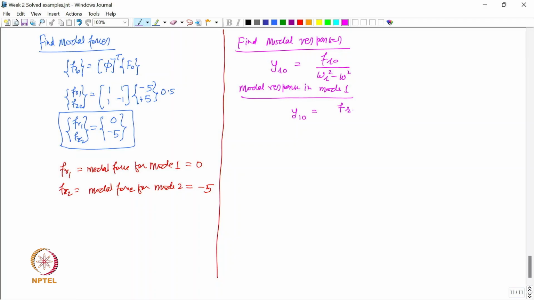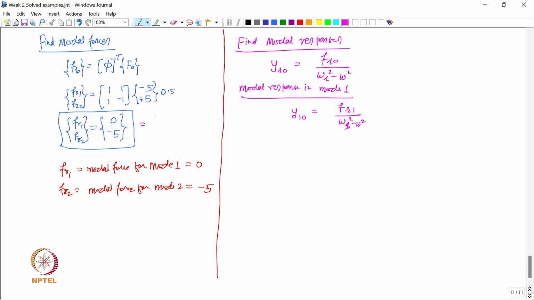Fr1, in the notation I have used on the left hand side, divided by omega 1 square minus omega square. So, actually this Fr1 is on the left hand side.